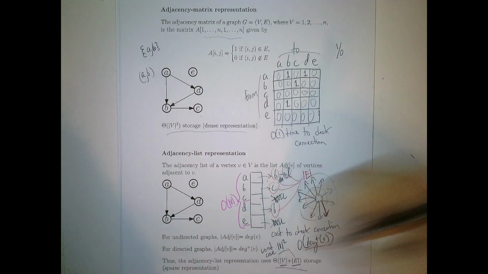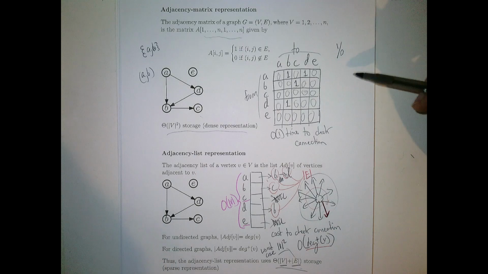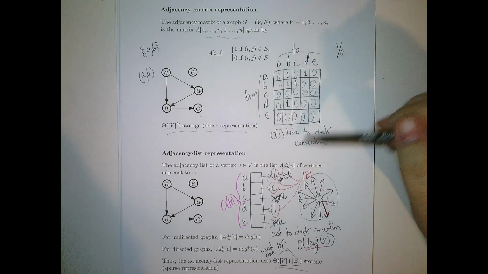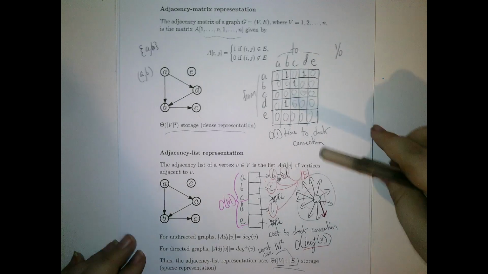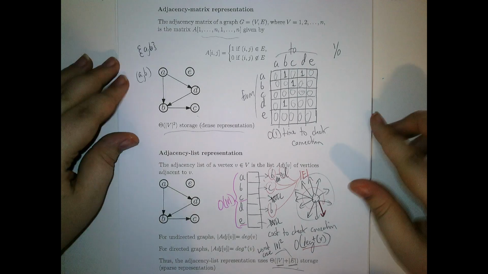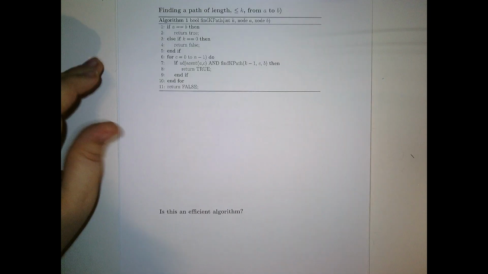We saw that earlier, right? So you definitely don't want to use these willy-nilly. If your graph is dense, this will behave very badly. If your graph is large but sparse, adjacency matrix will behave very badly. It's your job, if you're a software engineer, to choose the right data structure. That includes this. All right.